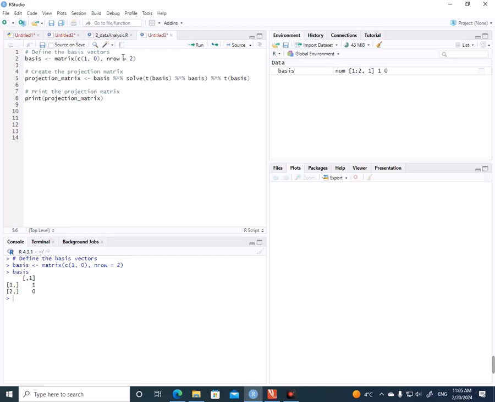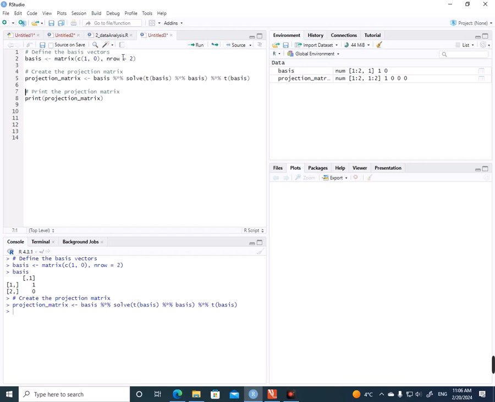Although there are some packages with which you can compute the projection matrices, writing the code in R for a projection matrix is pretty simple. You have the matrix multiplied by the generalized inverse of the matrix transpose itself, and then multiplied by the transpose of the matrix.